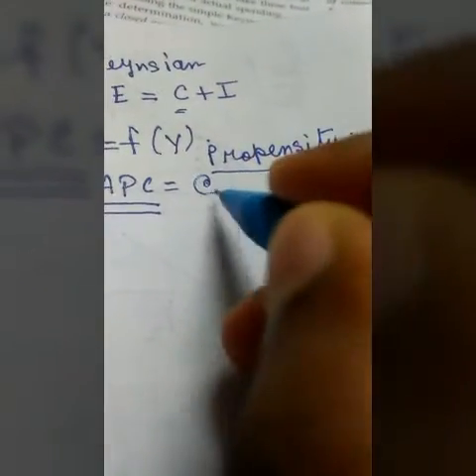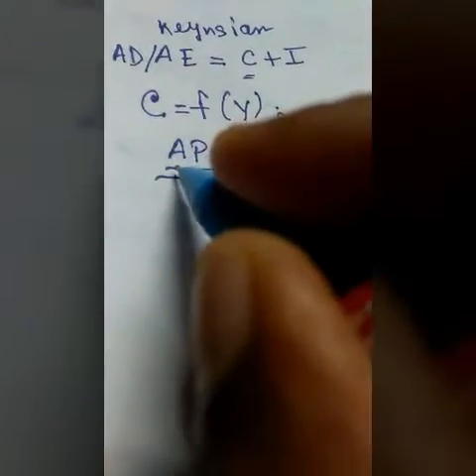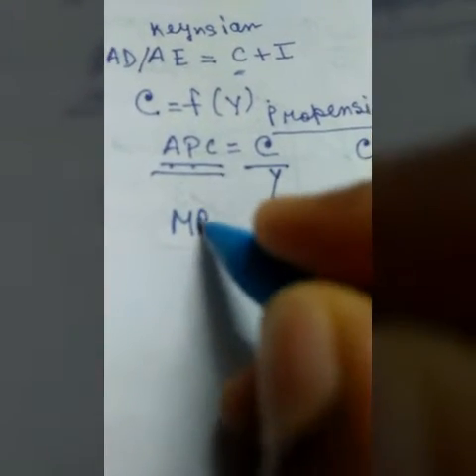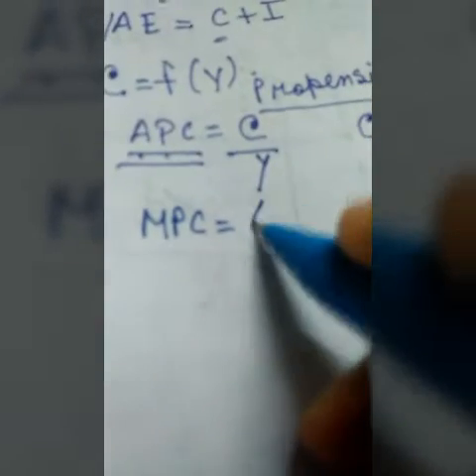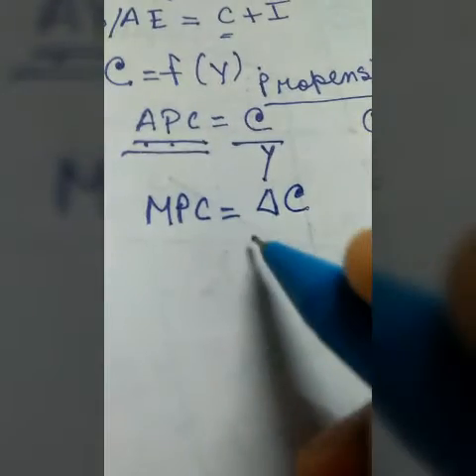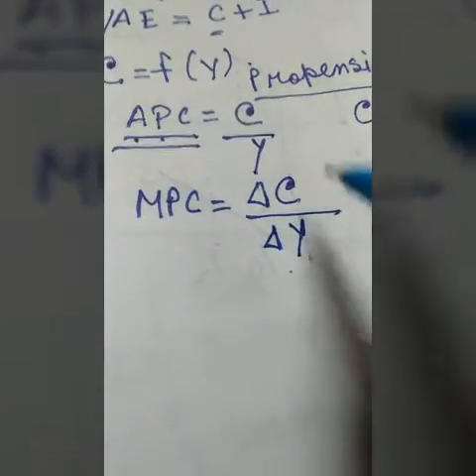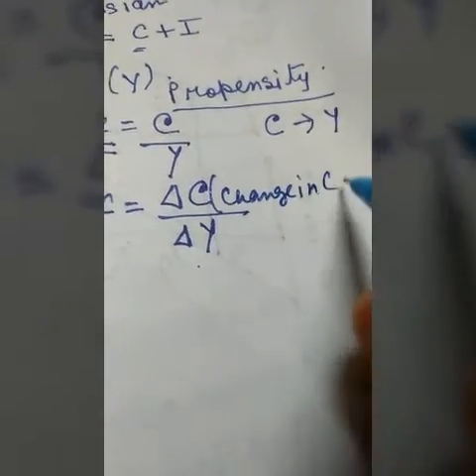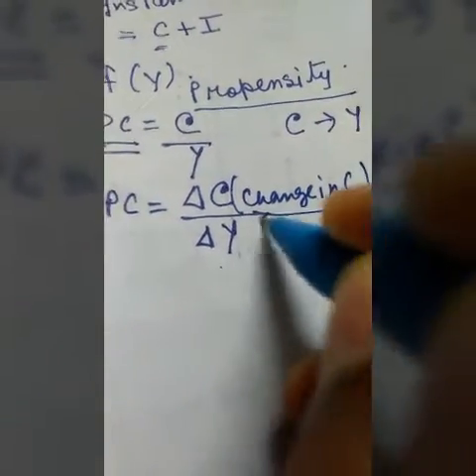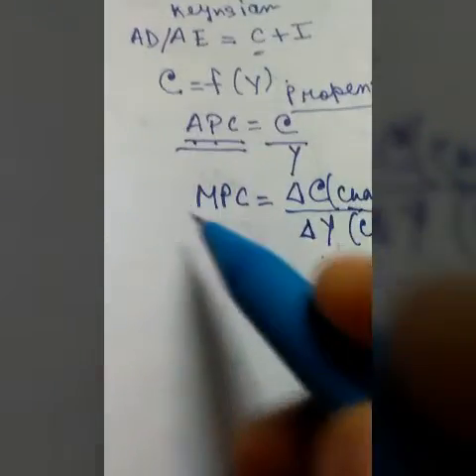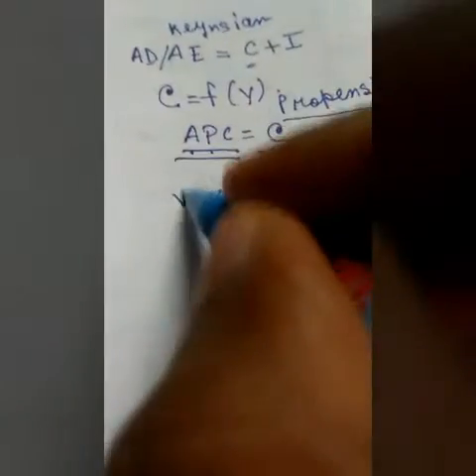So consumption divided by Y is the average propensity to consume. What is marginal propensity to consume? Marginal propensity is del C, that means change in consumption divided by change in income. This is MPC.